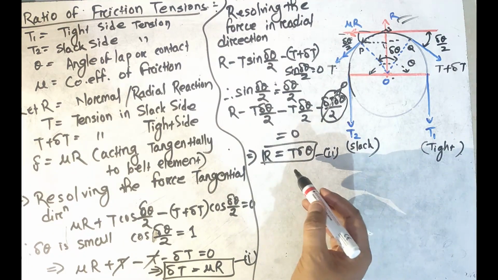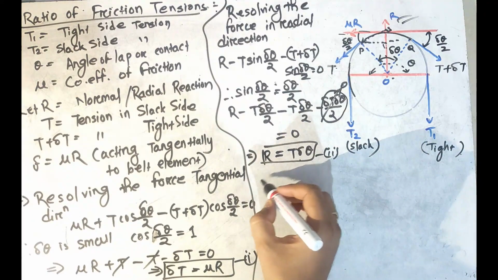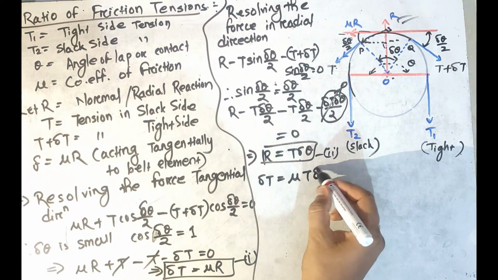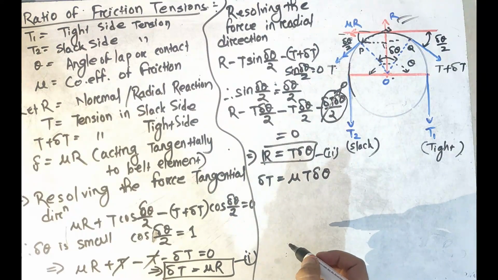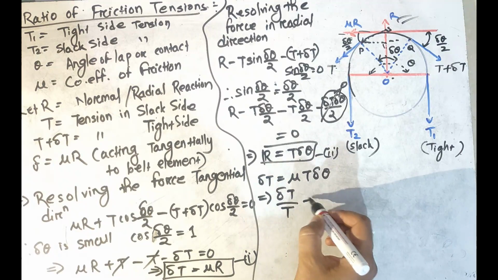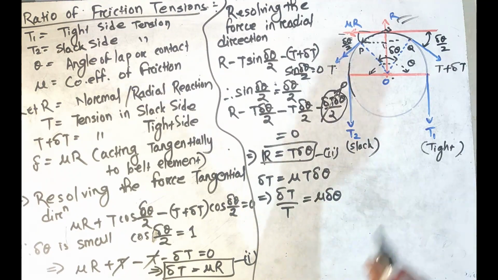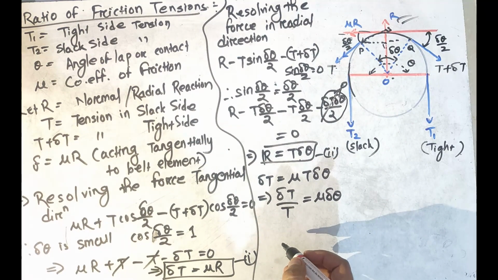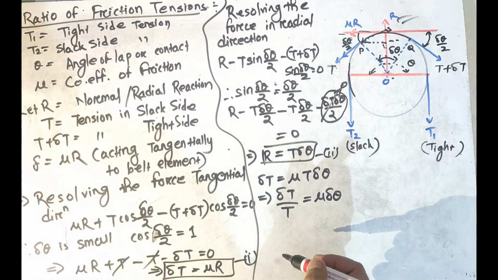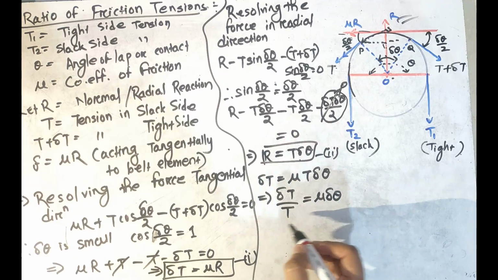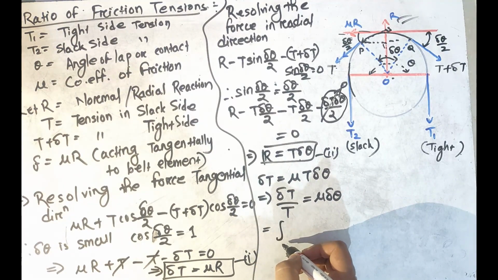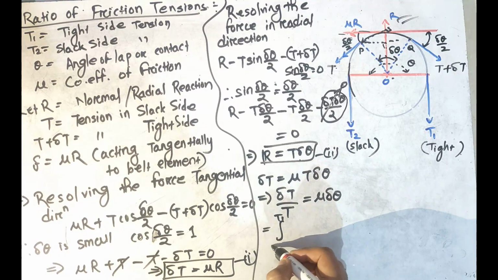Now we have to just insert the value of R in equation number 1. So del T will be equal to mu multiplied by T del theta, yes or no, or del T by T will be equal to mu del theta. Okay, so now if we integrate these two terms with proper limits, del T by T will vary from T2 to T1.